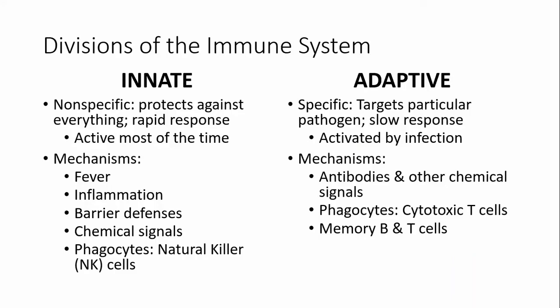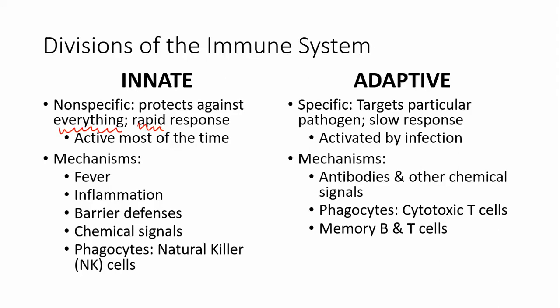So how do we divide up the immune system? Well, we can do it a number of ways, but the most common way is by function. The innate immune system is non-specific. What that means is it's going to protect against everything. And because it's kind of general all purpose, it is ready to go immediately. So within minutes, if not, at most an hour of your infection, the innate immune system is working.